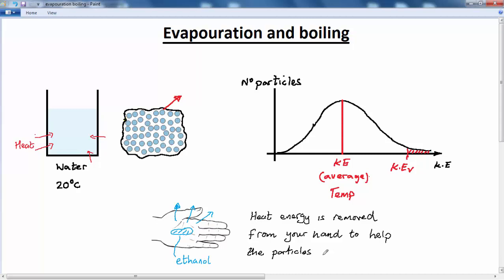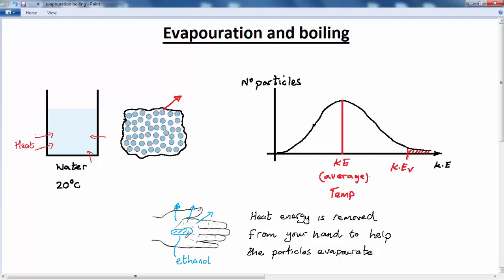In fact, exactly the same thing happens when we sweat. The body wants to maintain its temperature at 37 degrees Celsius. Now, if you're running, your metabolism is working harder, so your body temperature increases. Your body doesn't want that temperature to increase, so it starts to sweat.